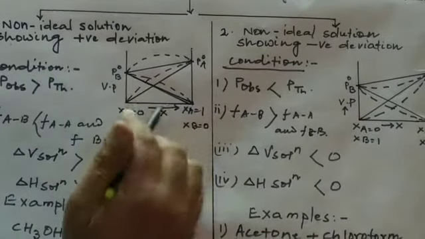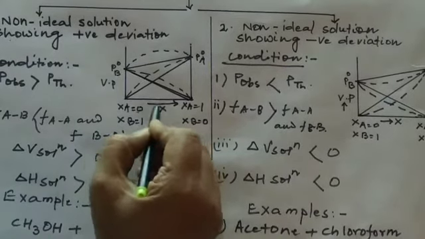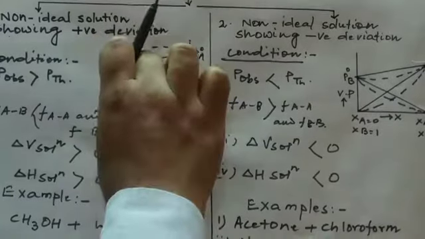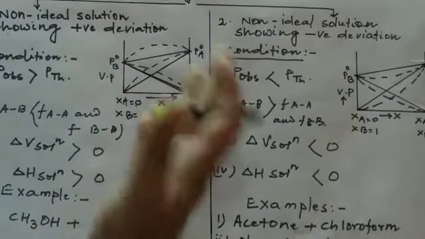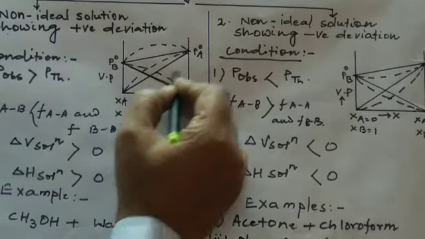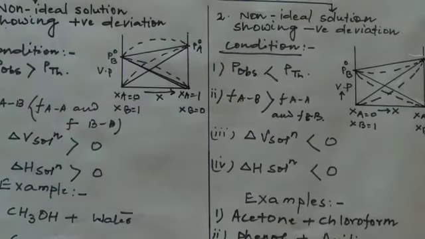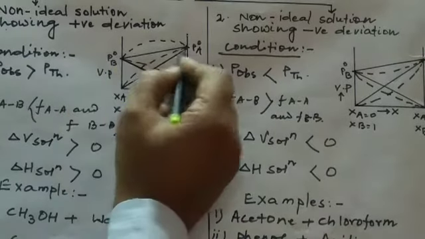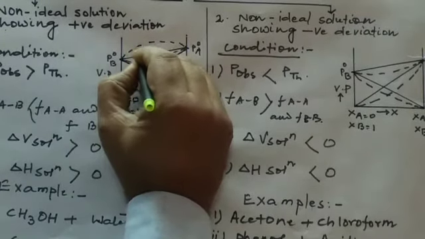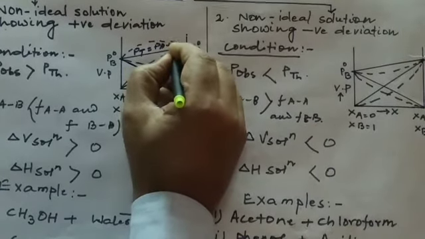On mixing the two, in between these two, there are moles of A and B both. So each component has a fraction of moles. That means B will be less than 1 mole, A will also be less than 1 mole, and the sum of the two will be equal to 1. So on mixing the two, the total vapor pressure P total equals PA plus PB.